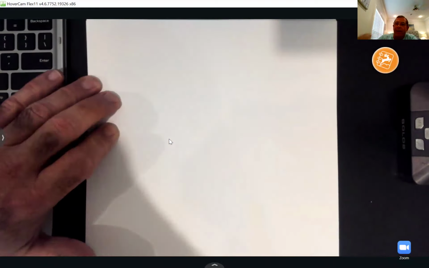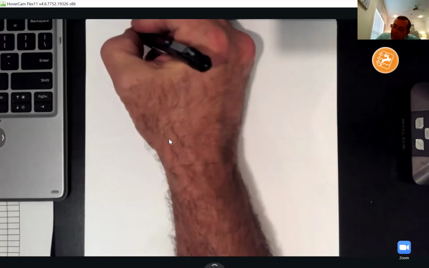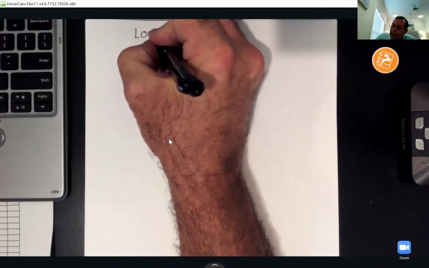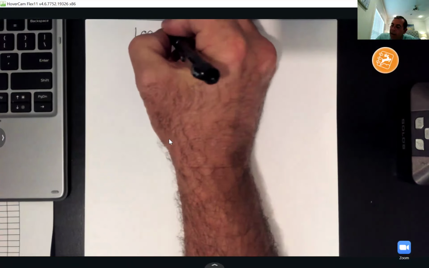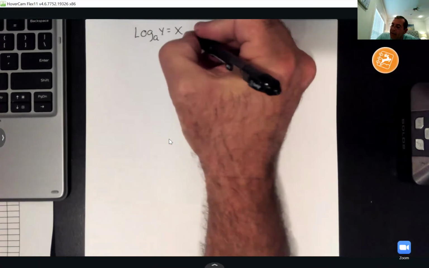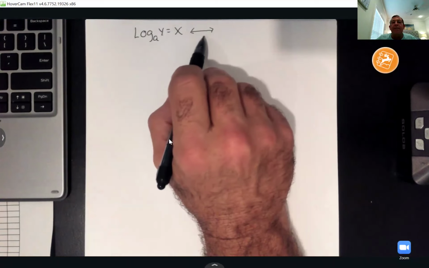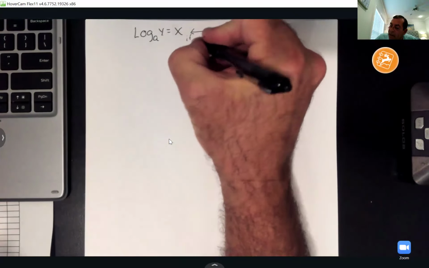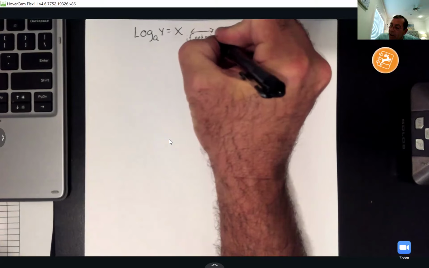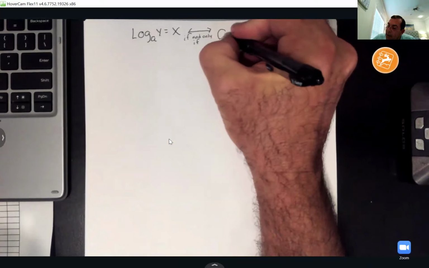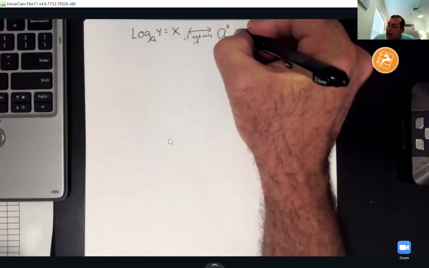So here's our little property. Log base a of y equals x, and I'm drawing a double arrow here. This means if and only if a to the x equals y.